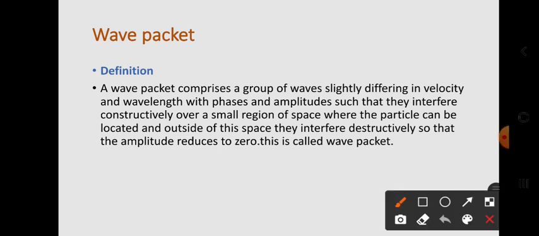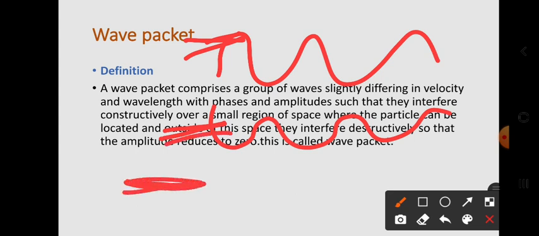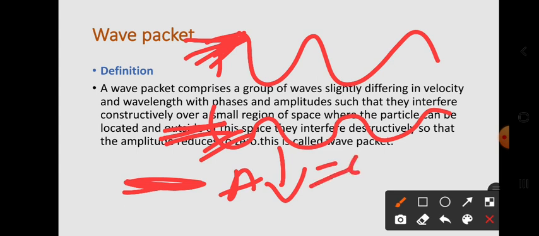Next, destructive interference. Suppose it is one wave and another wave is like this. When the crest of one wave and the trough of another wave interfere, what happens? One is positive and the other is negative, so when they interfere, they cannot form any crest or trough. When one crest and one trough mix, the amplitude decreases and reaches zero.